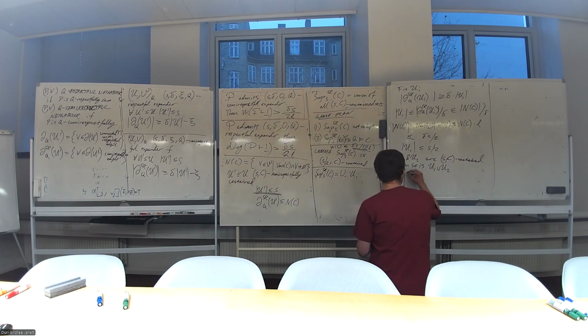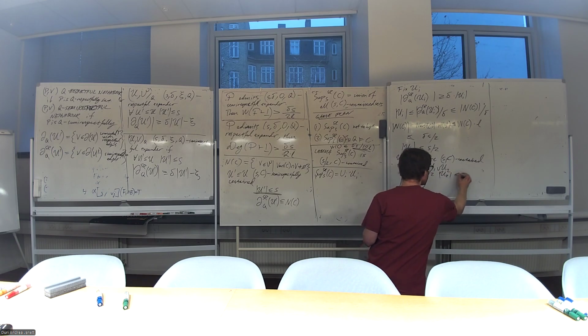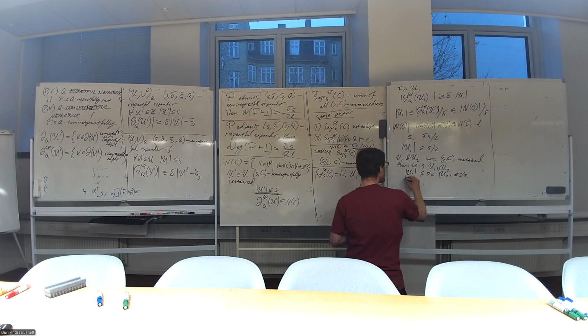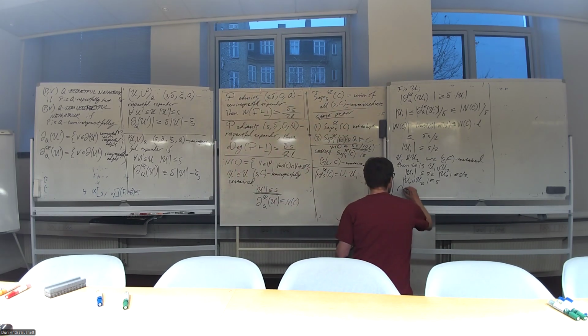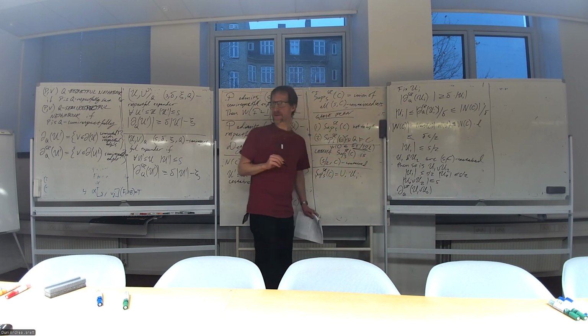Well, firstly, if U1 and U2 are SC contained, then they have size at most S over 2. So this means that the size of their union is at most S. So that's great. The size is okay. Now we need to look at their boundary. So what is the boundary of U1 union U2?